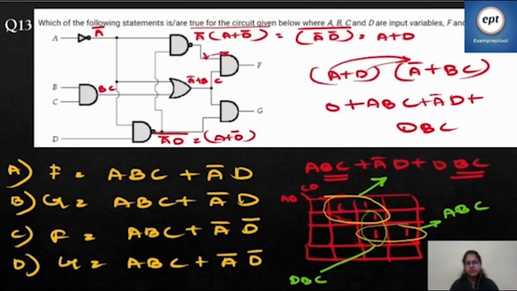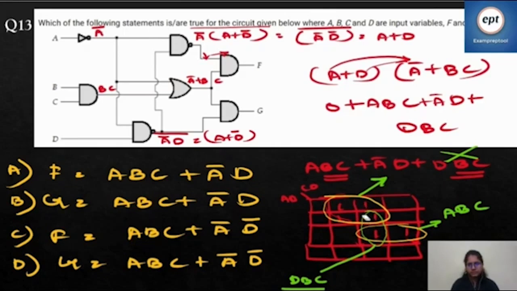Now you can see that with ABC itself this is covered. So this is the essential prime implicant, and this is the alternate which is the overlapped one, so we can easily delete this. This is not at all required because it is overlapped.